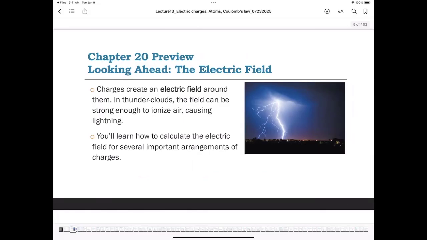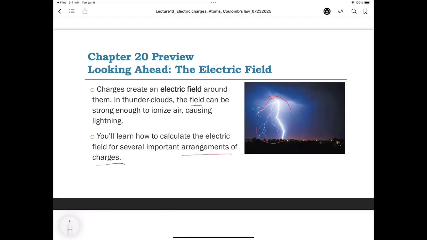In thunderclouds, the field can be strong enough to ionize air, causing lightning. You can see that lightning. The reason for this lightning is the electric field, which is very strong. And you will learn how to calculate the electric field for several important arrangements of charges in this class.